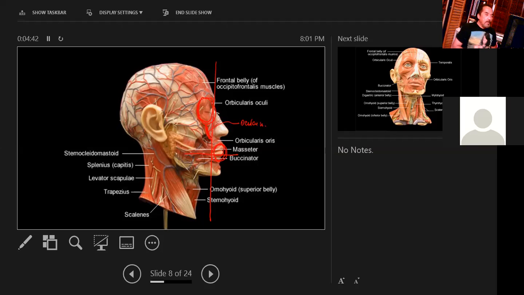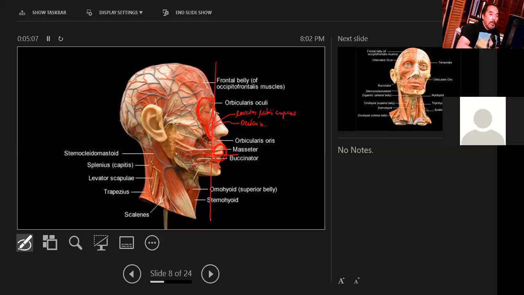I'm trying to see something here. Now that's going to be my levator. This one is the muscle called the levator labii superioris, innervated by the ocular nerve.